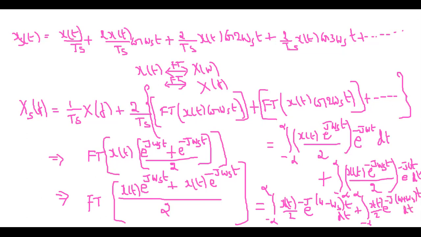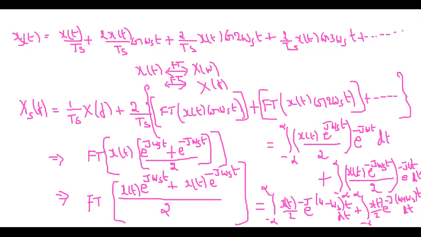Now you can see this is the frequency shift property. According to the frequency shift property, x of t into e power minus j beta t gives x of omega minus beta.